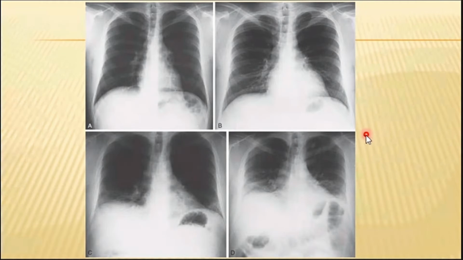Then, as the disease further progresses, on X-ray you can notice again, now you're getting a lot of these streaky opacities. All these linear opacities present in the bases, and over time there's marked reduction in lung volumes, there's extensive fibrosis. You can see the diaphragm pulled up on both sides, very small hemithoraces.